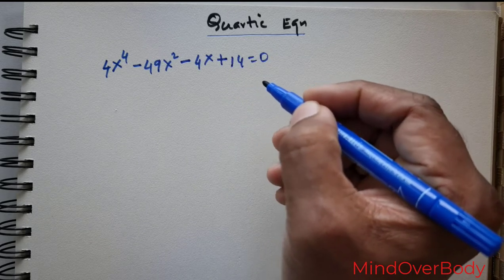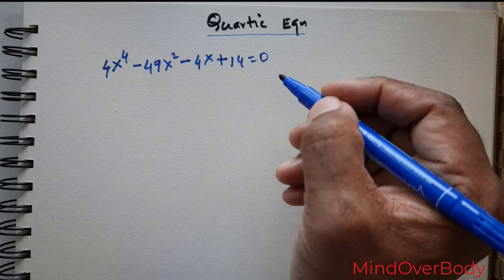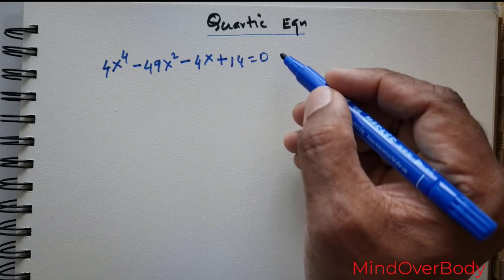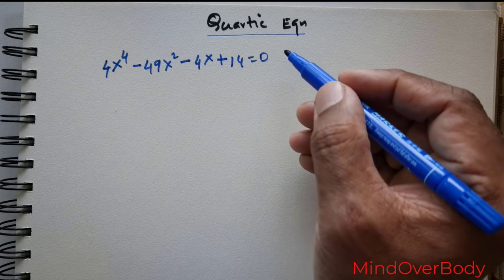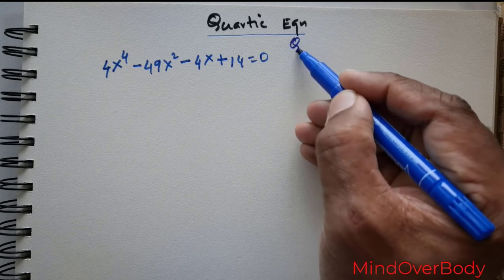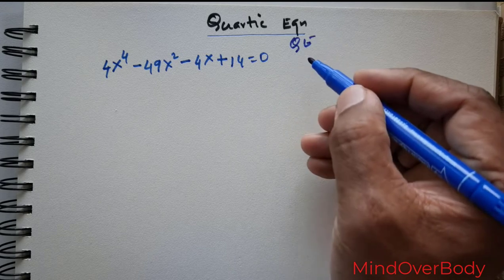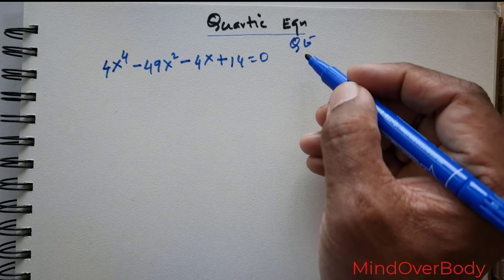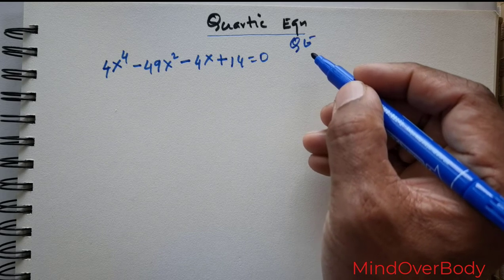First and foremost, whenever we are given a quartic equation, it is possible that it can be solved using the technique of quadratic equations, or it cannot be solved as easily as we think.